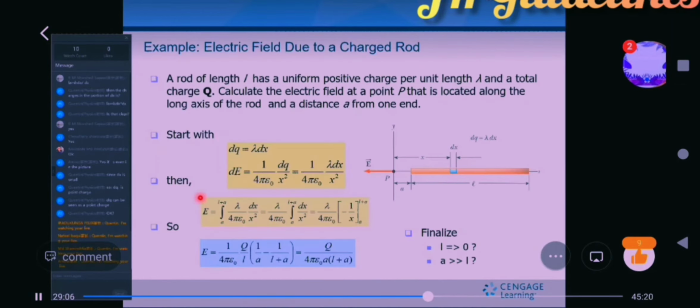Let me ask a quick question. This portion has an electric field this much. And what about another portion? For example, if I pick another portion here, because I picked the portion randomly, the distance from point P is x and the length is dx. If I pick another one, the expression will be exactly the same as this one.